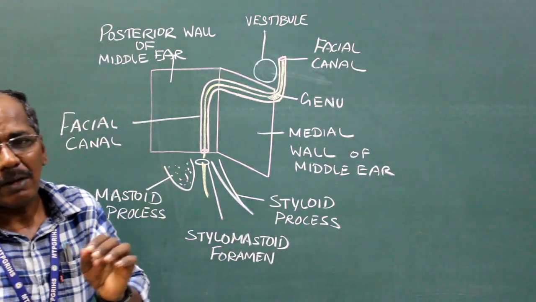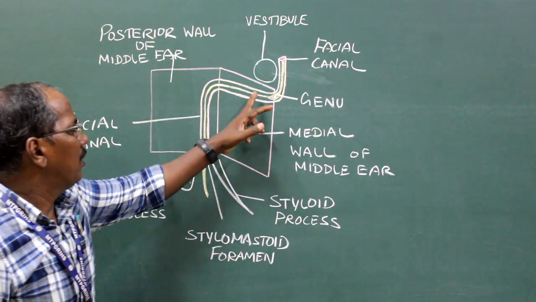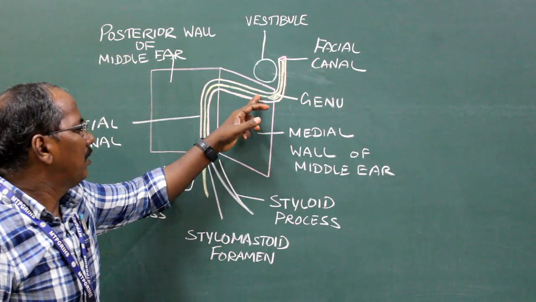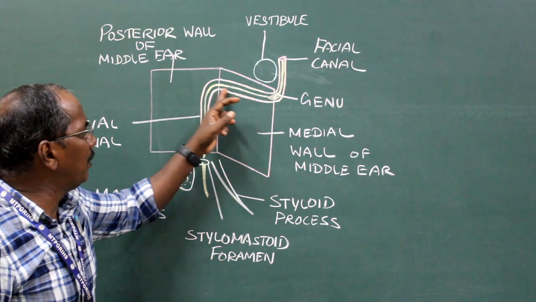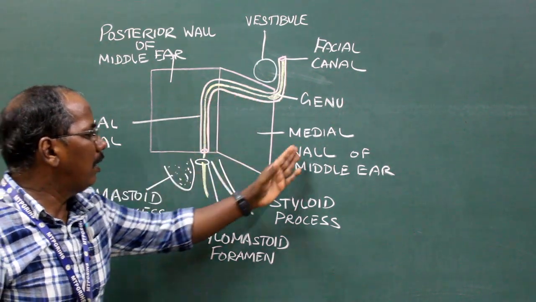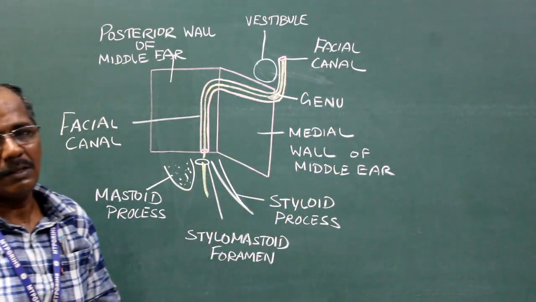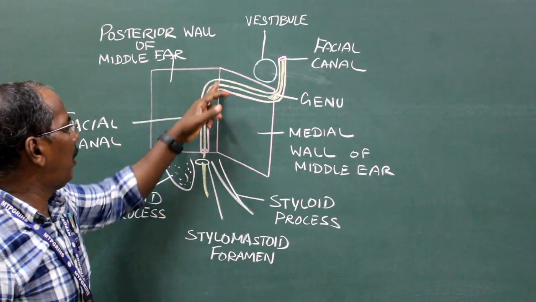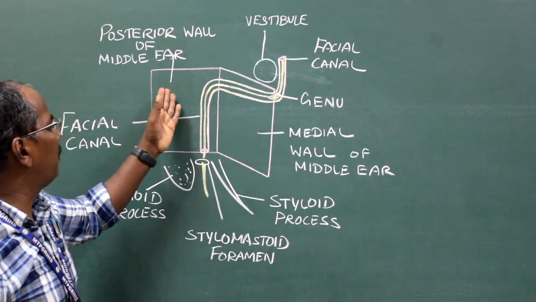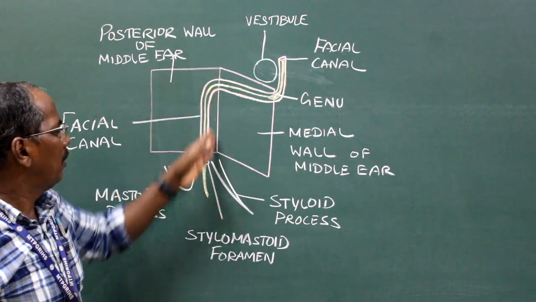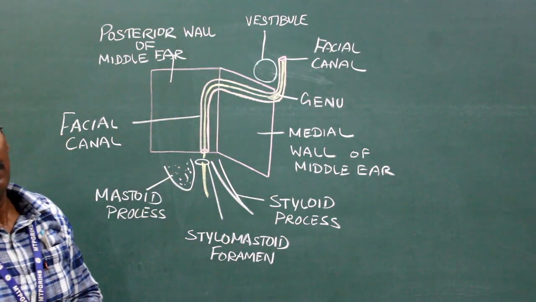The tympanic part of the facial canal runs horizontally backwards on the medial wall of the middle ear till the junction of the medial and the posterior wall of the middle ear.